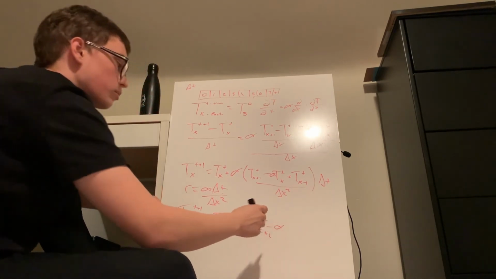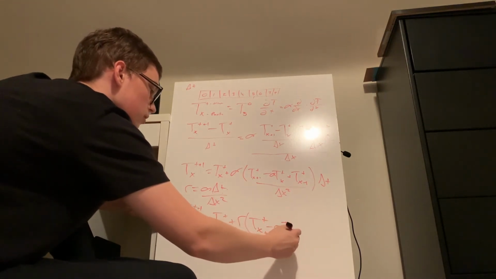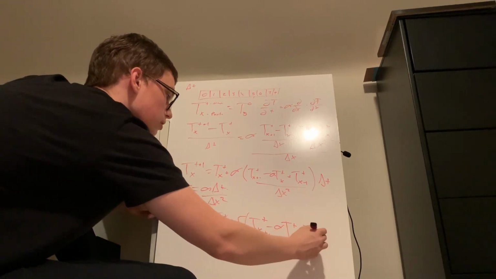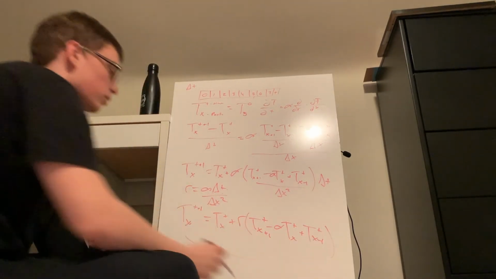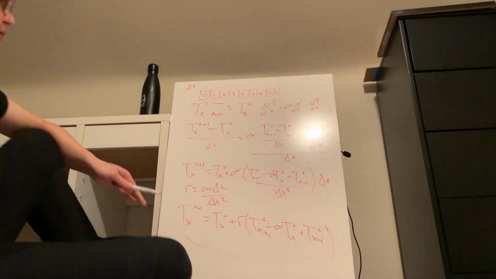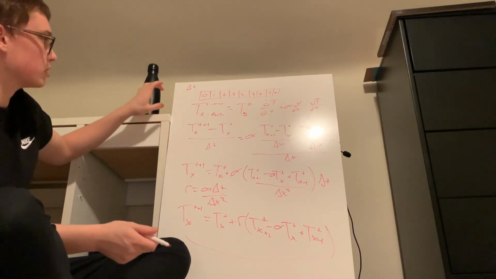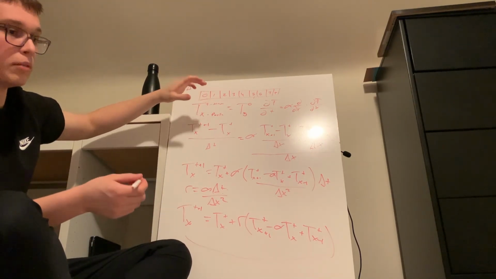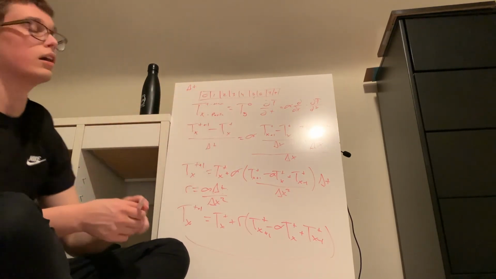We still have a thermal diffusivity value on this one. T(x, t) plus T(x minus 1, t). And then this is what we'll use to solve for the heat over time as it diffuses throughout our bar.